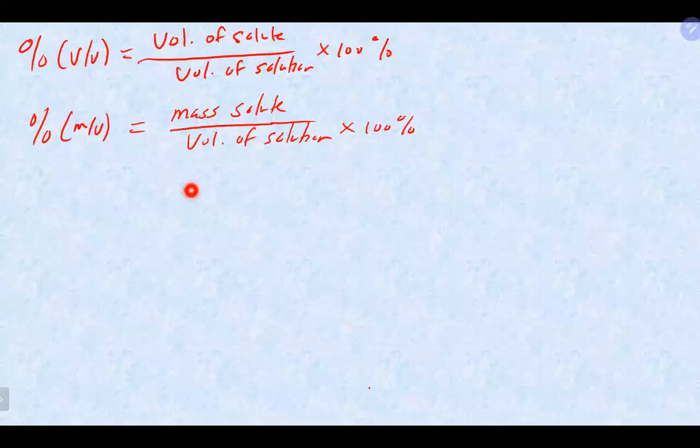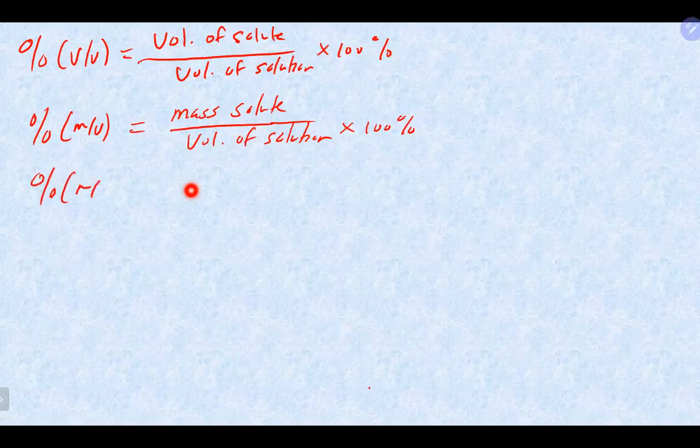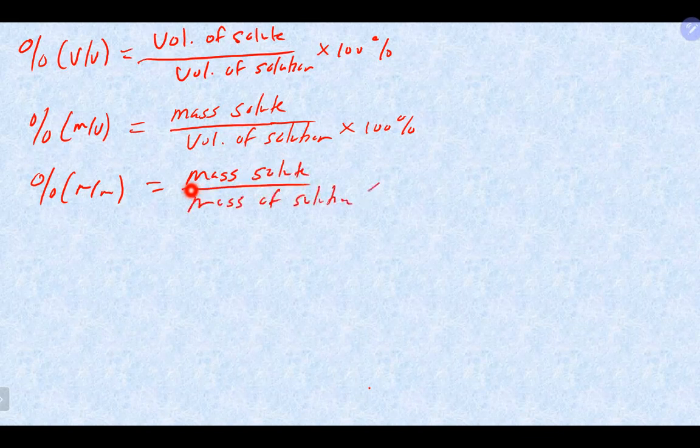And we could add our one that we saw earlier, obviously our mass to mass, which is the mass of our solute over the mass of solution times 100%. So these are three sort of percent concentrations that we can use, and they all kind of work the same way.